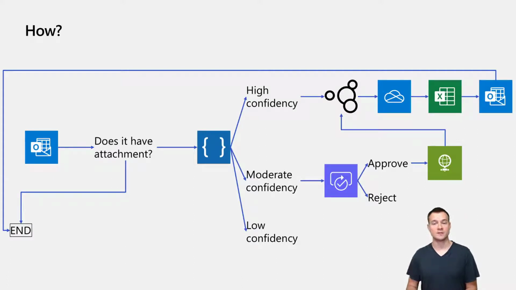So if there is another email with the same or similar content sent with an invoice, most probably the next time LUIS will return a higher confidence, above 90%, because it already knows that content and is trained to recognize it.